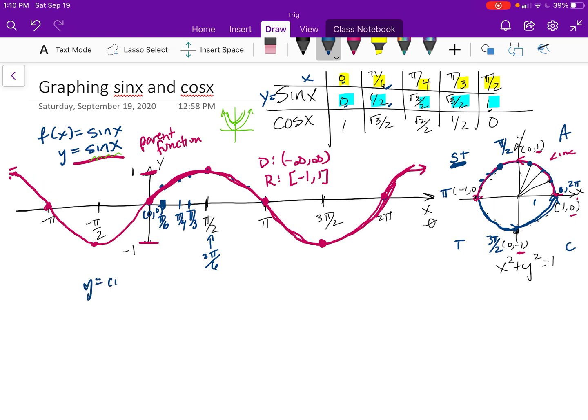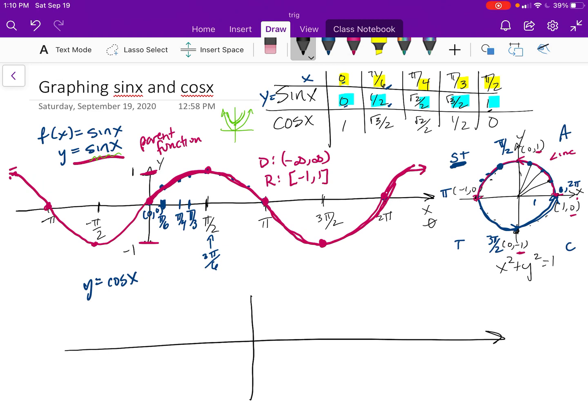So let's graph y equals cosine x. Okay, I'm going to center this time. There's our x, there's our y, or x is theta, whatever. I know cosine also only goes from -1 to 1 on the y-axis, its range, because cosine is all of these x values over here, and the x values only range from -1 to 1 on the unit circle.